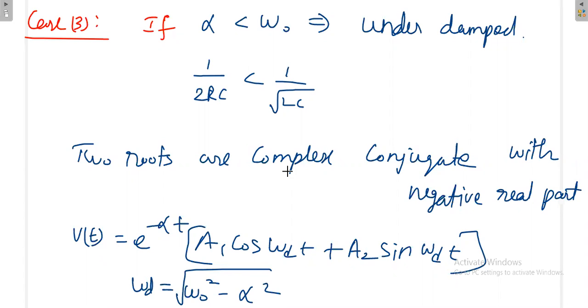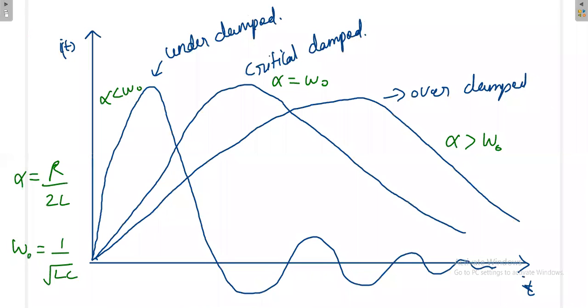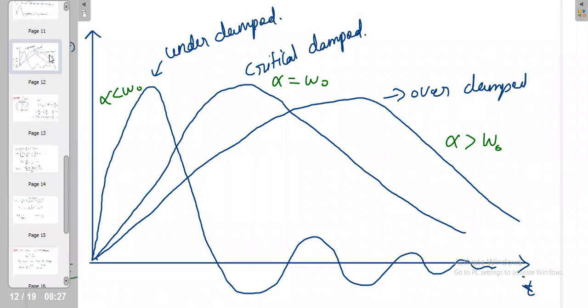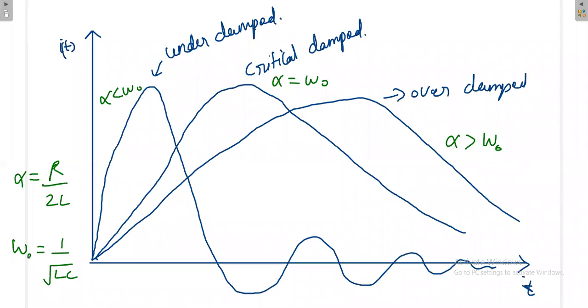And the same diagram we will get here also, but instead of R by 2L, we'll get 1 by 2RC.